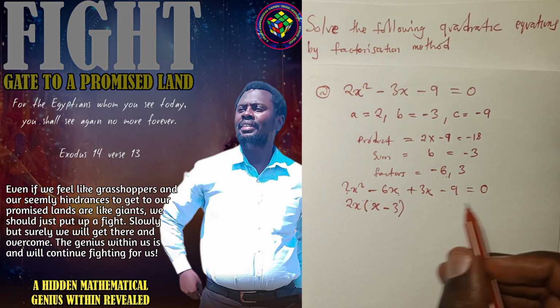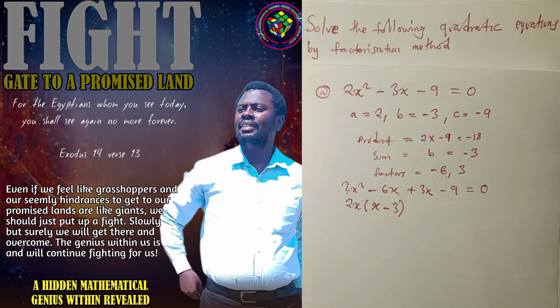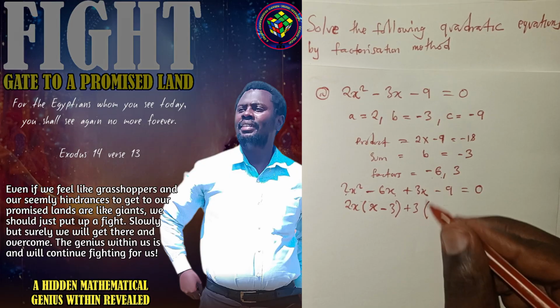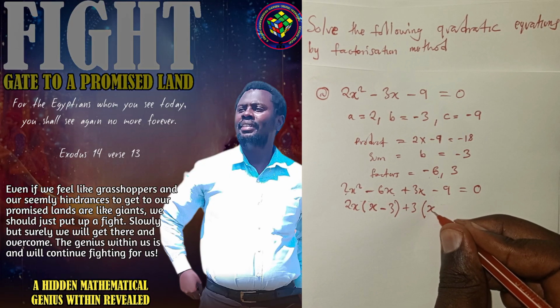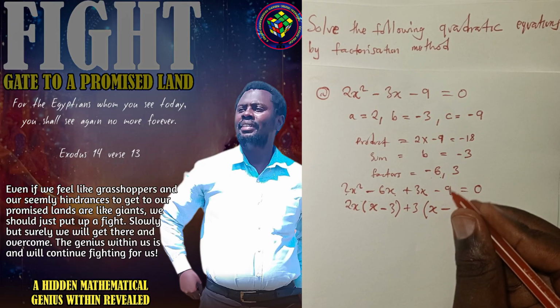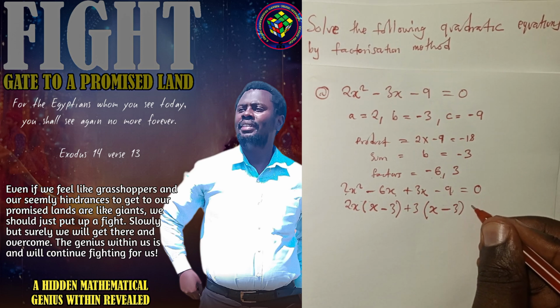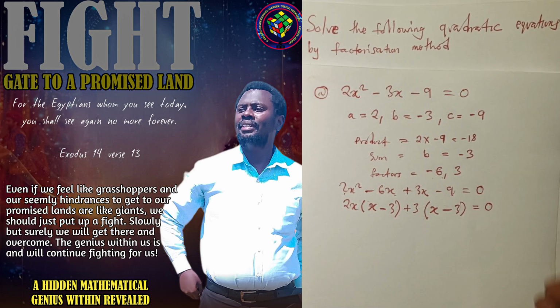Okay, then in 3x and minus 9, what is common? Yes, 3 is common, so you say plus 3. 3x divided by 3, you get x, minus 9 divided by 3, that is 3, then equal to 0.